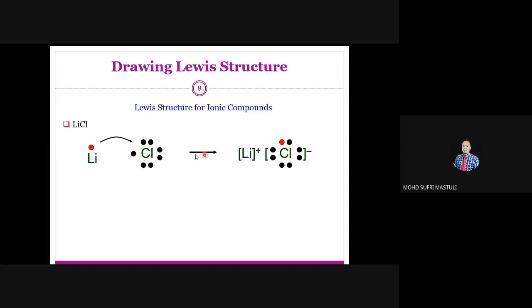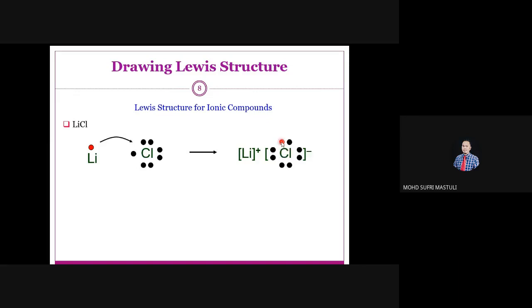So in order to draw the Lewis structure for this lithium chloride, you have to put the positive ion and the negative ion in brackets. The lithium, because it transfers one electron, becomes lithium bracket plus, Li+, and the chlorine becomes negative because it received one more electron.